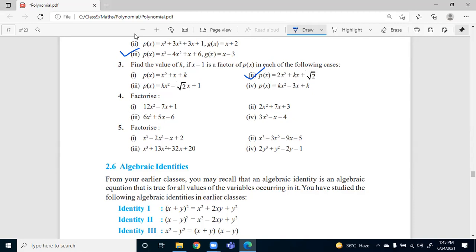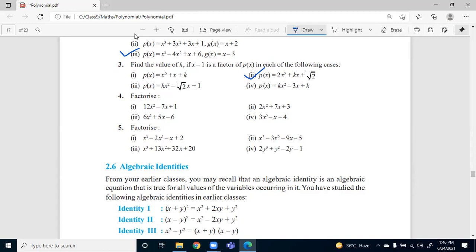What are you saying, Leona? Read the question, then reply. What does the question ask? What do you have to calculate? Ma'am, sorry.